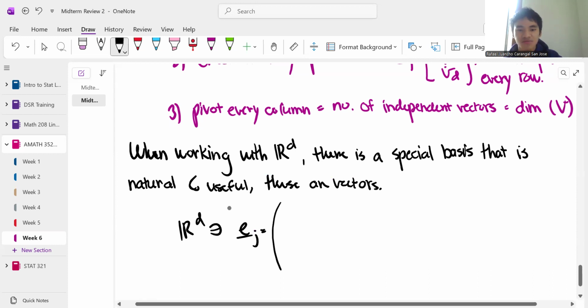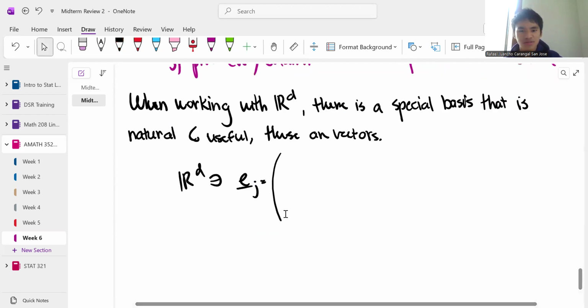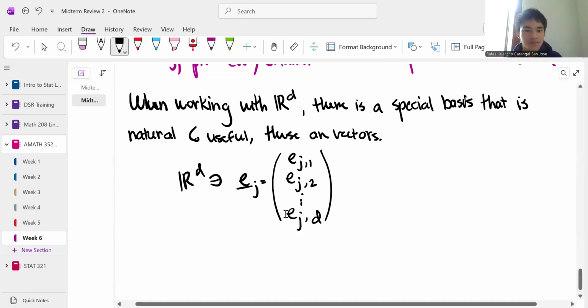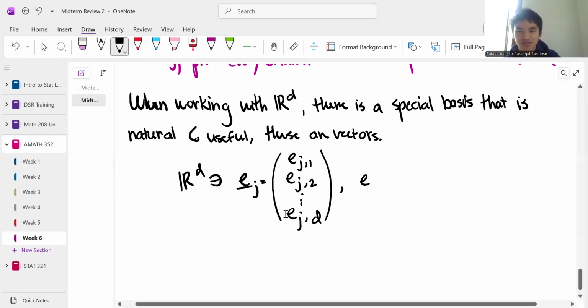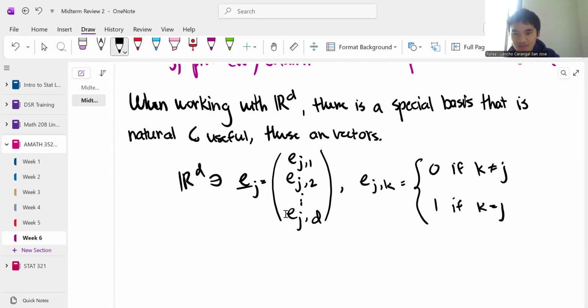And this is actually just equal to ej1, ej2, through ejd. So these are standard basis vectors. We're just generalizing them instead of x, y, z. So j, k, they could only be two things. They could be 1 or 0. 0 if k is not j. And of course, if k is j, they're 1.